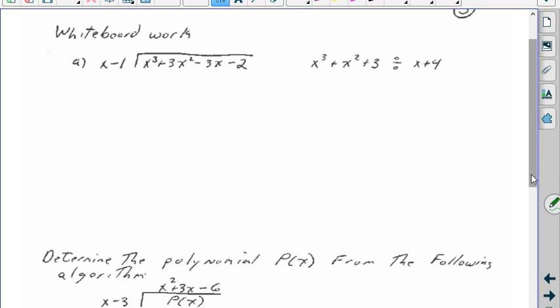3 minus a negative. So here you have 0, minus, you should have a negative, 0, equals. Hold on, let's do this.